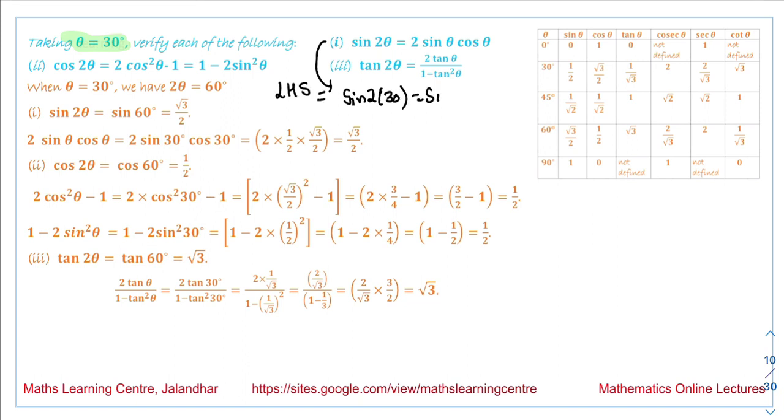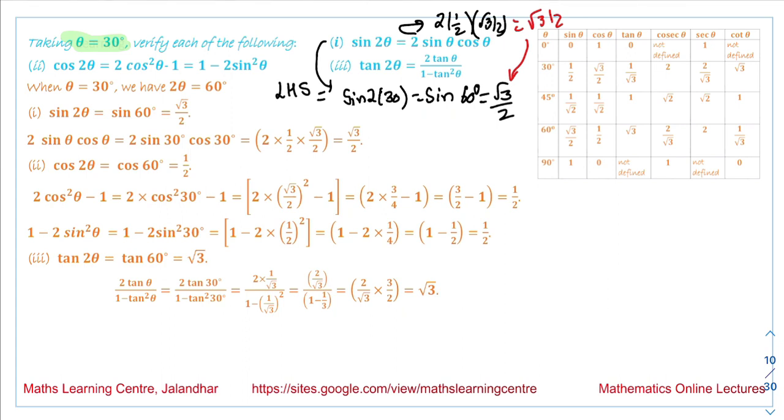That is equal to sine of 60 degree, which is root 3 by 2. When we are talking about the right hand side of this equation, it is 2 times sine 30, which is 1 by 2, and cos 30, which is root 3 by 2. On solving this, we get the final answer root 3 by 2. So LHS is equal to RHS.